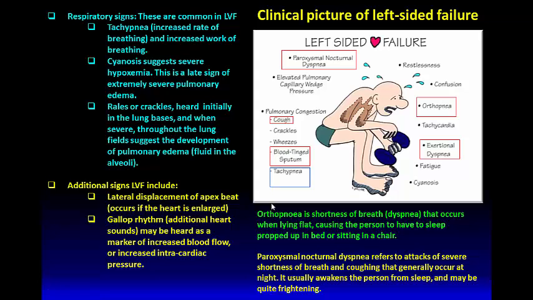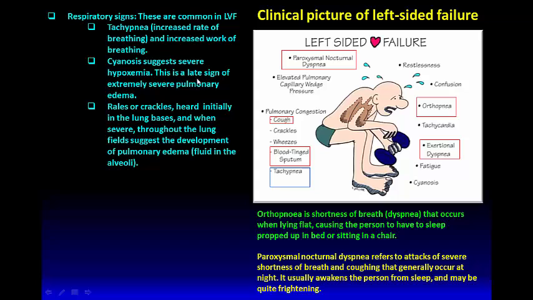Another important sign of left-sided failure is cyanosis, which is bluish discoloration of the skin and the mucous membrane, suggesting severe pulmonary edema. And when we auscultate the lungs, we may hear rales or crackles or crepitations.